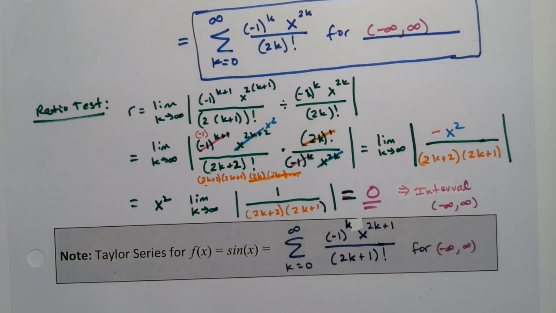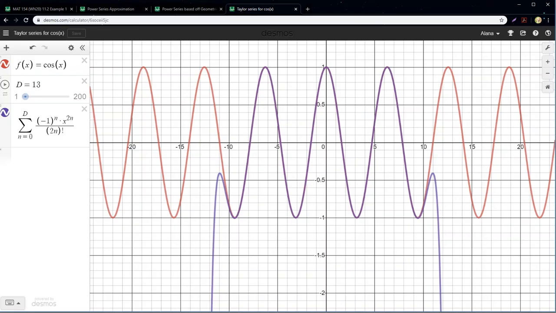And I can show you that in Desmos. I built it for cosine. So you can see the power series is this purple part. So there's cosine of x. And there's the power series. Hold on, it's going to take it a second. And I've actually stopped at 13. But of course, we're saying that if you head to infinity, the graph will continue to match and match and match. Right?